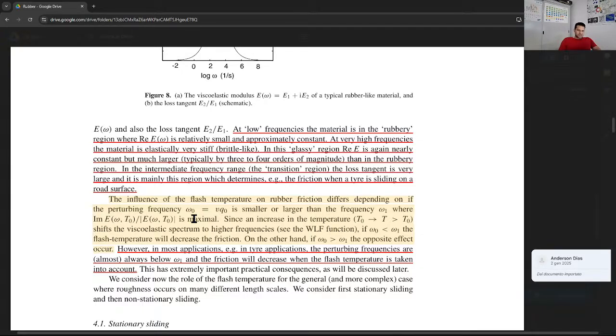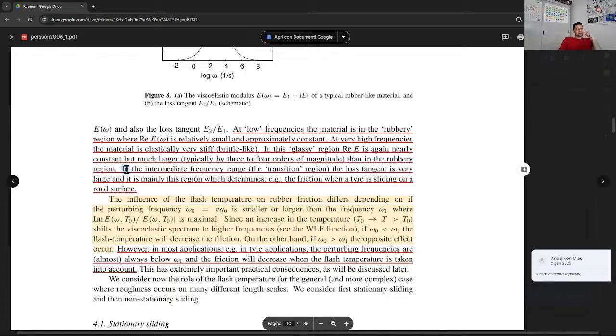Not so elastic, but not so stiff, but still providing outstanding characteristics for many applications in engineering environments. In the rubbery region, the real elastic modulus is about 3-4 orders of magnitude lower.